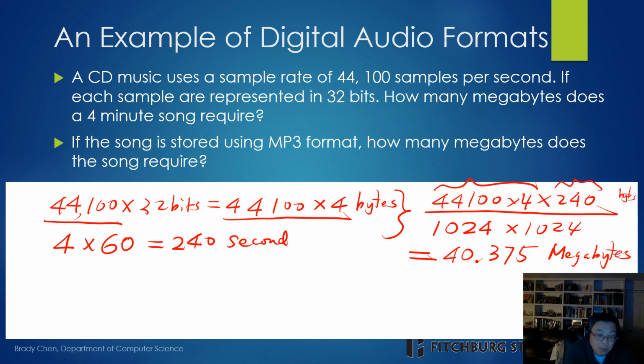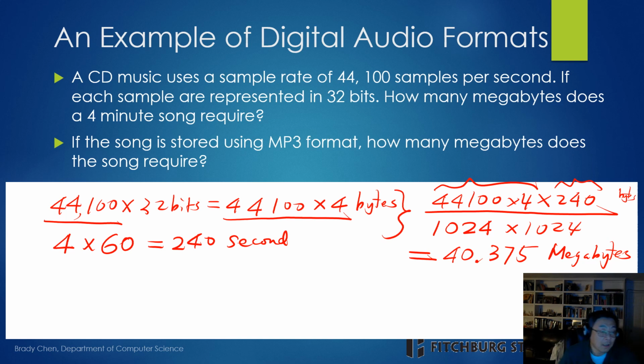So about 40 megabytes, okay, just for 4 minutes of music. So if you want to store 10 four-minute songs, that's going to take 400 megabytes. So it's not really that small, right?